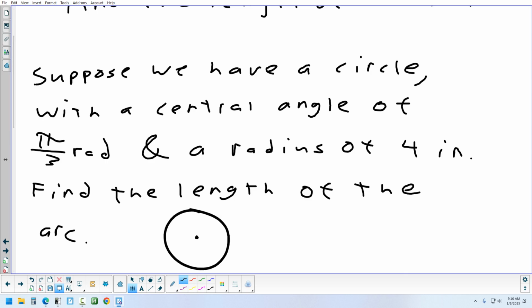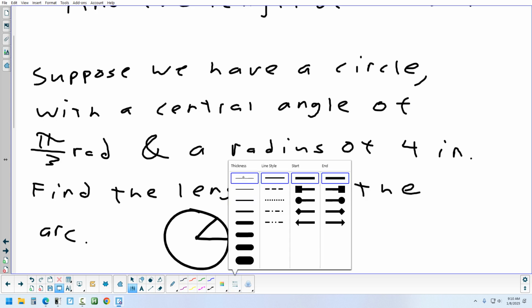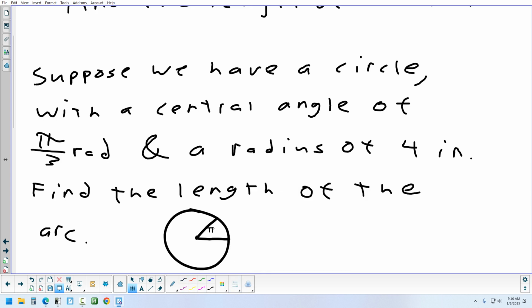You've got an angle inside the circle. That angle inside the circle is pi over 3 radians. And the radius of the circle is 4 inches. We are finding the length of that part in red right there.